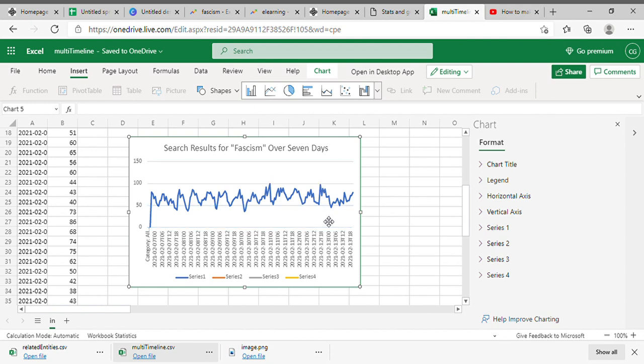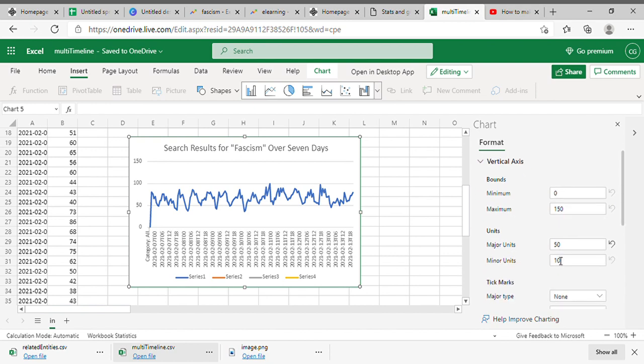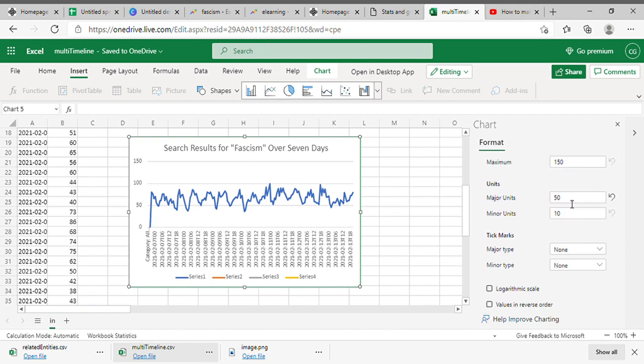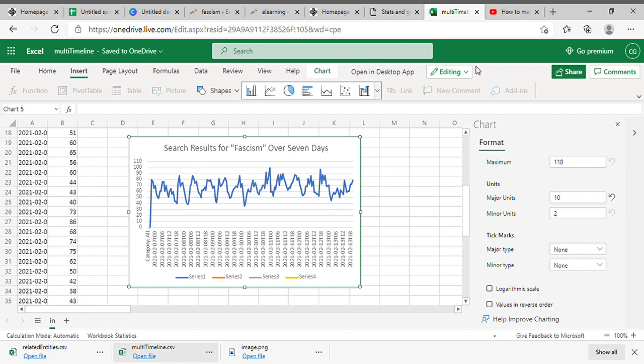And if I were going to edit the axis, maybe down to 10, it makes it seem that there's more of a range.